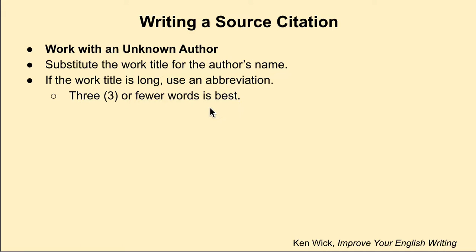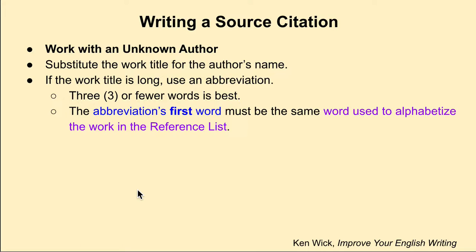That's why I call 4 or more words probably considered long, because you want the parenthetical comment to be brief. If you have an 8-word title, that's just too long. So you want to focus on just the minimal amount of words. So 3 or fewer words is best.